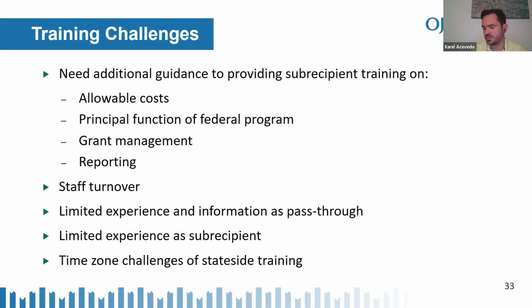What is the purpose and what is the goal, right? What is the mission? Grant management in general, and then reporting, okay? Another challenge is staff turnover. Yes, people tend to move on to other projects, and that sort of hinders the program progress, okay?